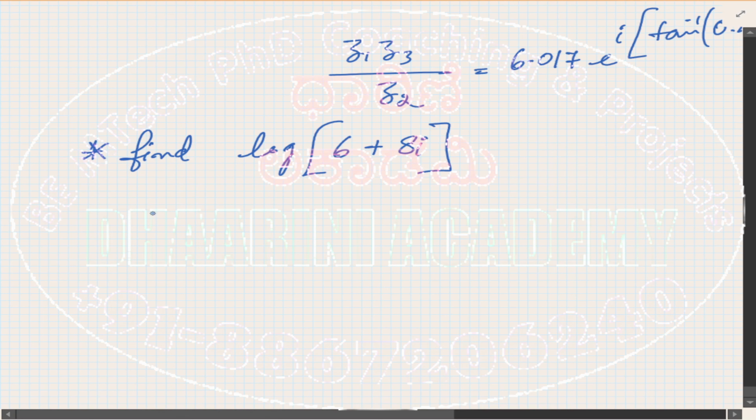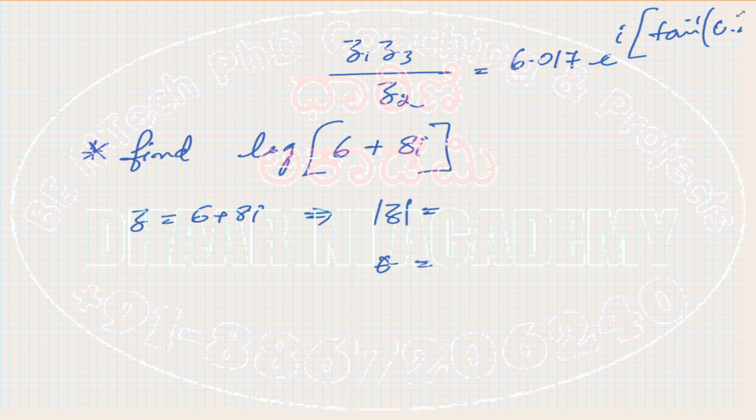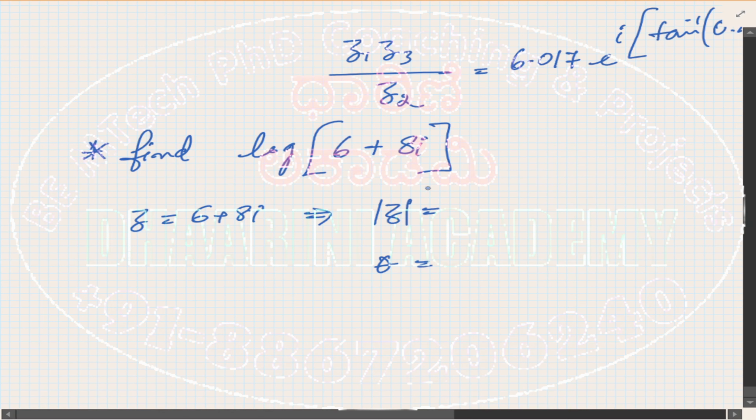So z is equal to 6 plus 8i. Convert this into magnitude z and theta first. Okay, calculate magnitude z and theta. Magnitude is 10, then tan inverse of 1.33.